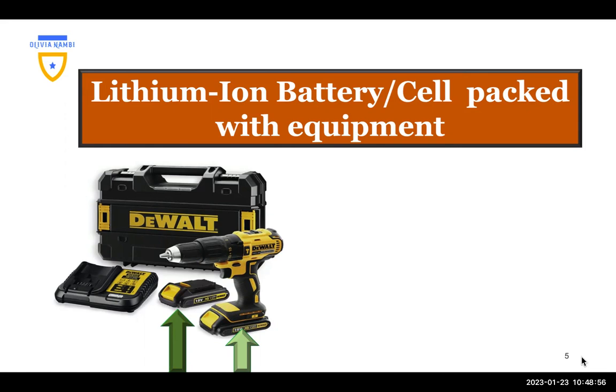So if we are going to ship this set of equipment, then we are going to ship it as lithium-ion battery packed with equipment. Remember to always protect the batteries, protect them from damage, and protect them from short circuit.